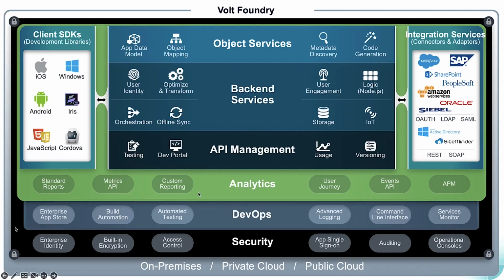It has analytics built in with a lot of reports, ability to create custom reports, ability to trace the user's journey, as well as application performance management, which includes crash analytics. It has DevOps, enterprise app store, build automation, advanced logging, command line interfaces, monitoring the services automatically, and even sending notifications for warning or critical thresholds. It has security built into it.